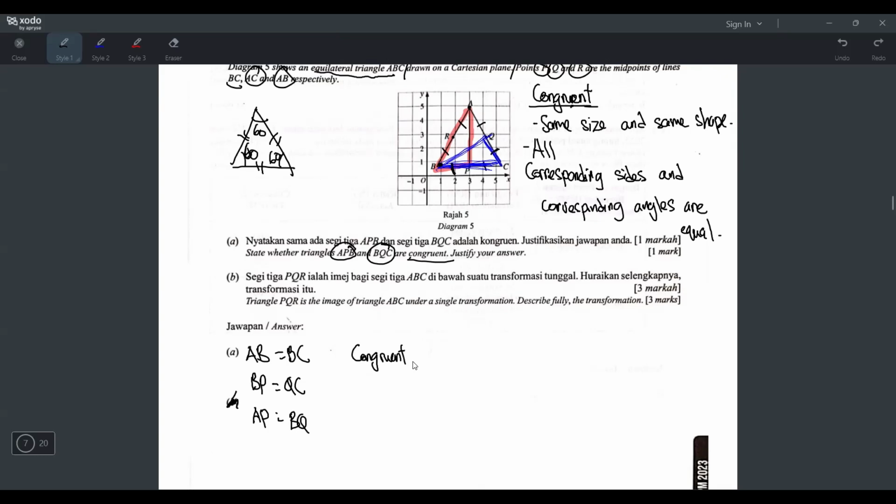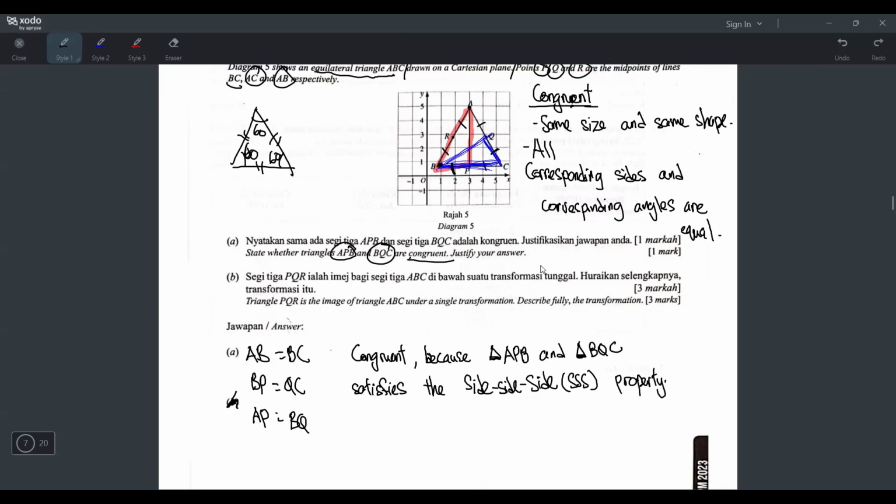So we can write congruent because triangle APB, this is the symbol for triangle, triangle APB and triangle BQC satisfies, meaning follow, the side property, SSS property. So this is the answer. Okay, so done.